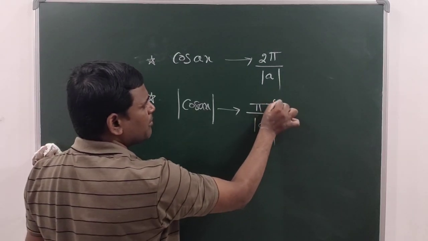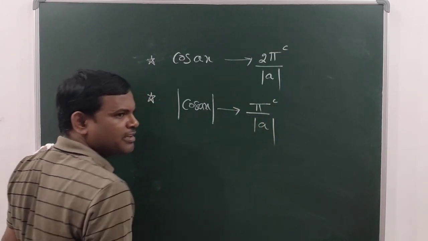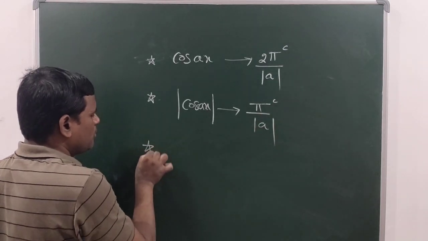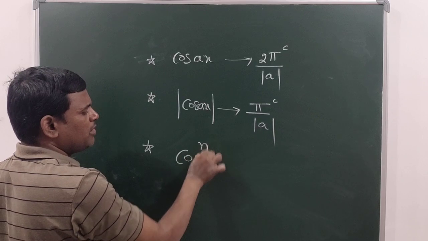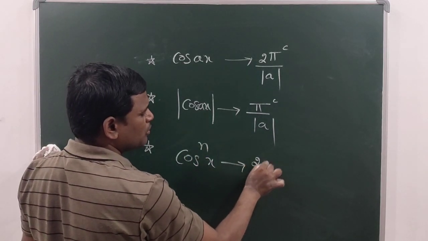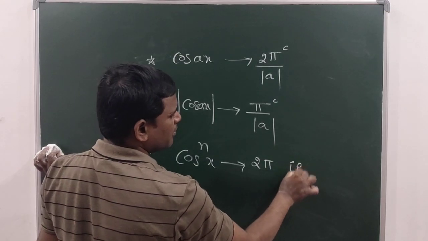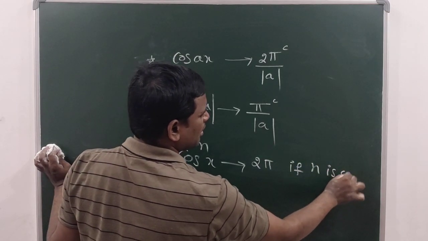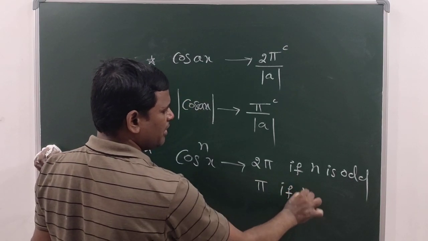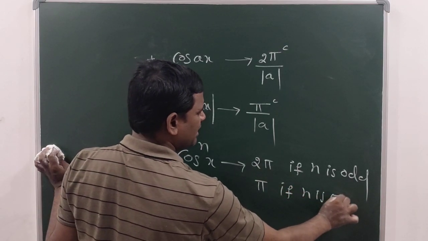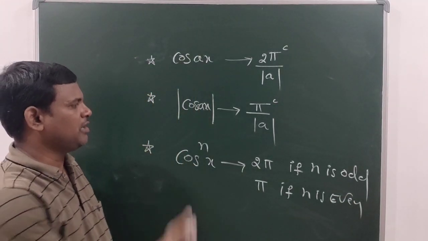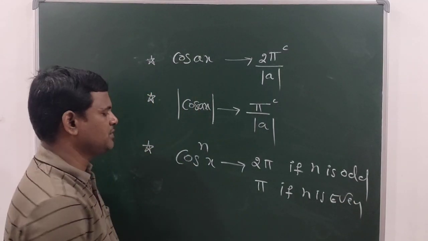And every time here I am not writing the modulus sign, you write it. Okay, so now cos power n x has period 2 pi if n is an odd integer, and period pi if n is even. Okay, right, remember these points.